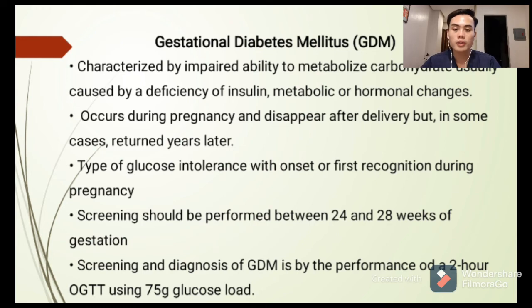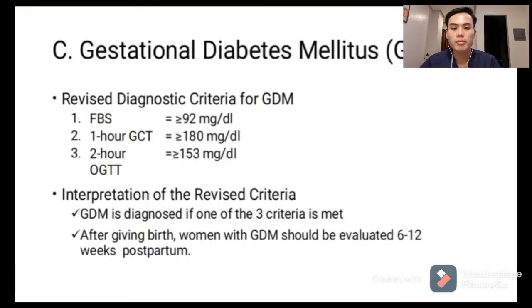So screening and diagnosis of GDM is done by monitoring the patient. They are given a glucose load to drink and monitored after 2 hours to see how fast the body metabolizes it. So, GDM is diagnosed if one of the 3 criteria is met.